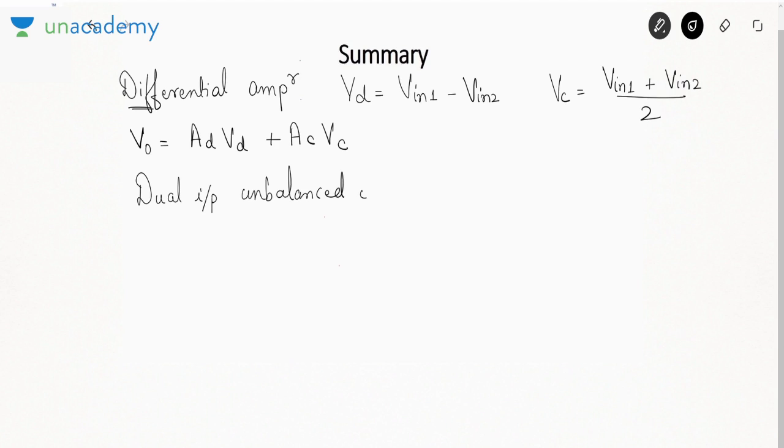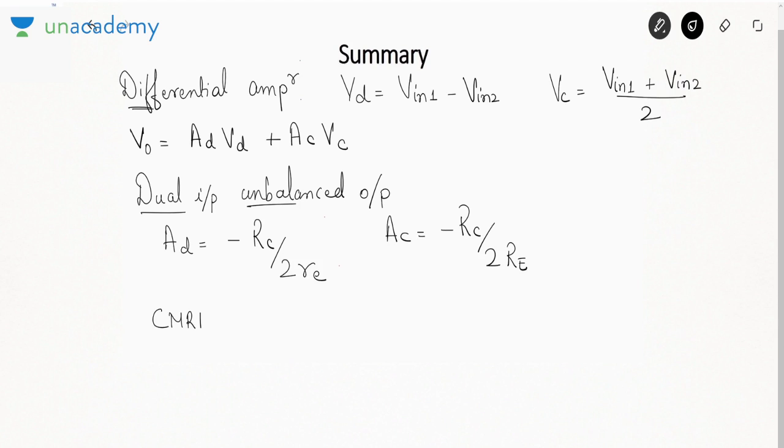That is, I was taking output from only one terminal, whereas the input was applied at both terminals. So we saw differential gain was minus RC by 2 small re, and common mode gain was minus RC by 2 capital RE. And then we defined CMRR, which is the ratio of AD and AC, which was RE by small re, which is high.